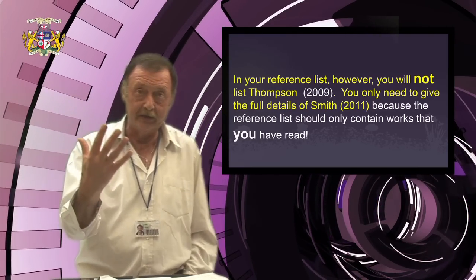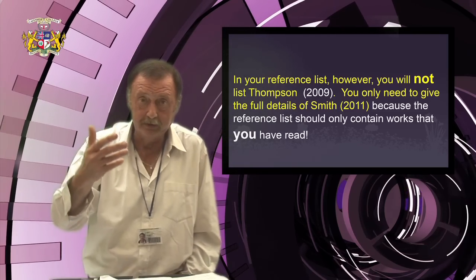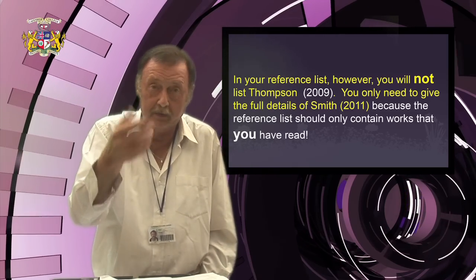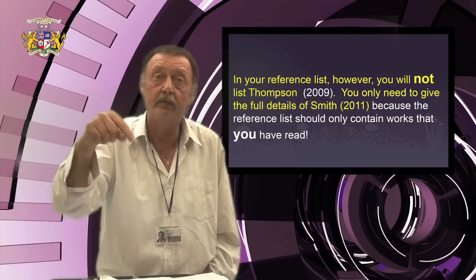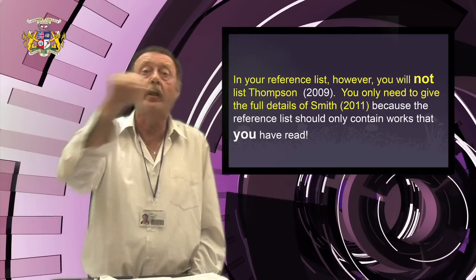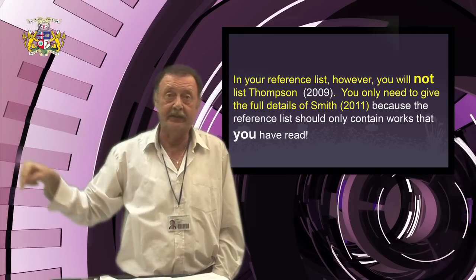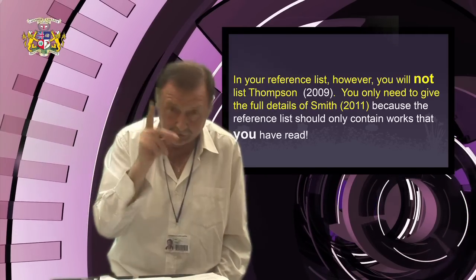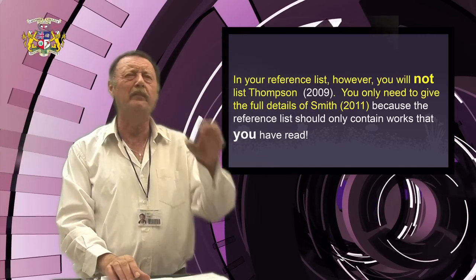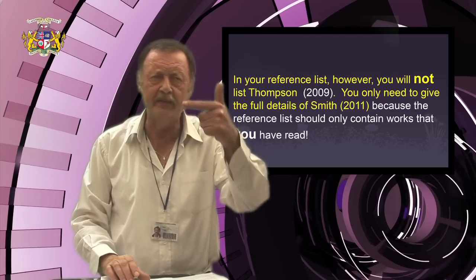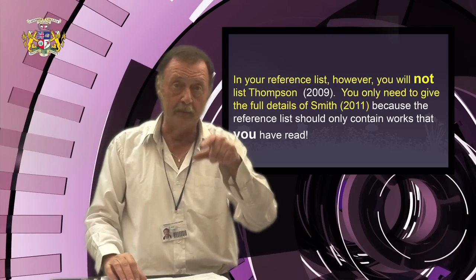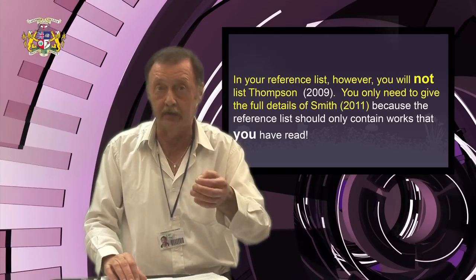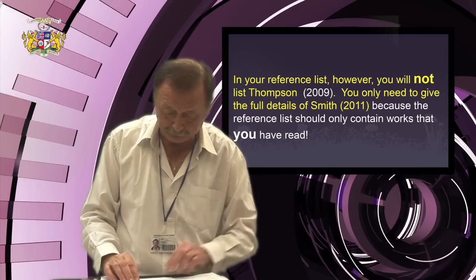In other words, you read, or at least pretending to read, or at least you read one page of Smith 2011. And inside that page was a reference to Thompson. So you can't put Thompson in your reference list. That would be very naughty. But also important, if you think about it, secondary referencing is what you'll be doing most of the time, particularly if you're using books or very scholarly articles. So that's very important.